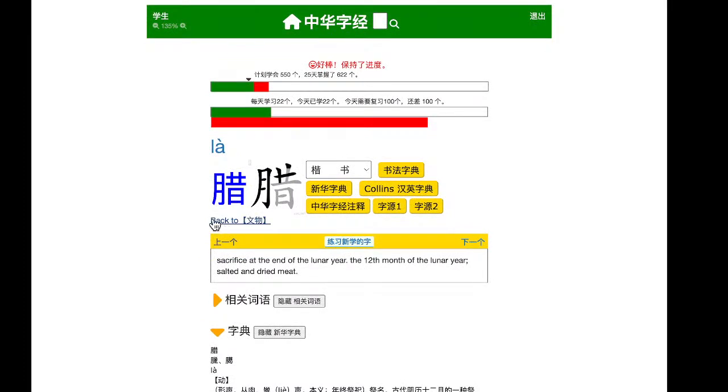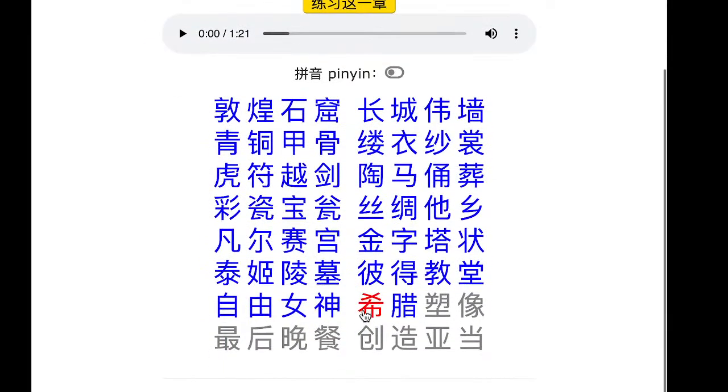But here, 希腊 is Greece. Now, 希腊 doesn't really sound like Greece in English. I'm not sure if it's meant to sound like it. I haven't really looked into it. Sometimes they sound more like the word in the original.